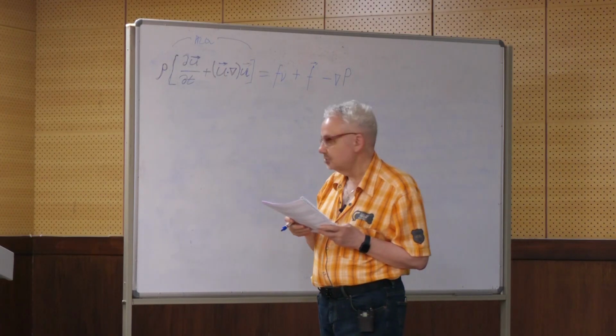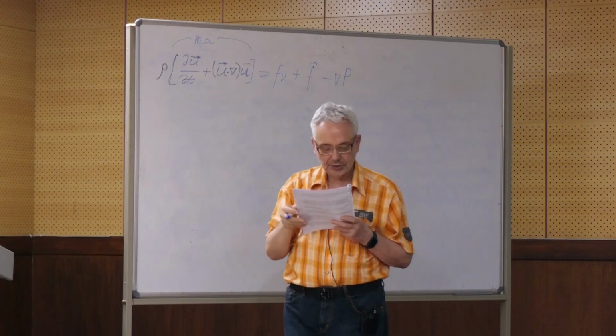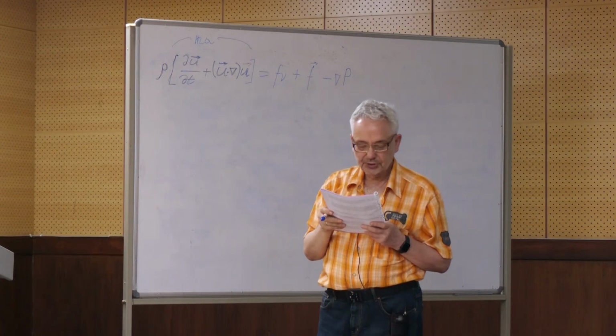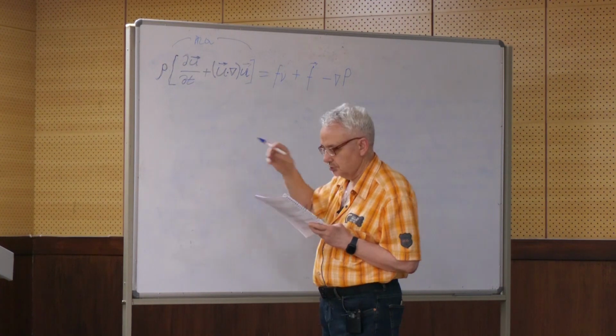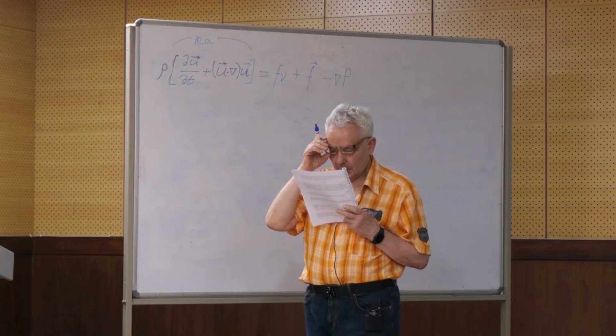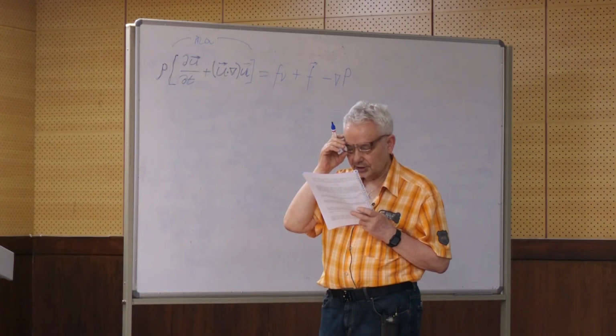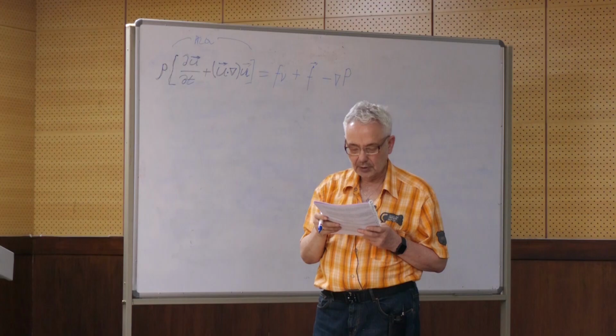Another name for this term altogether is the total or substantial derivative of velocity. The term closed in square brackets here is the total derivative of velocity. It describes the acceleration of an infinitely small fluid particle.